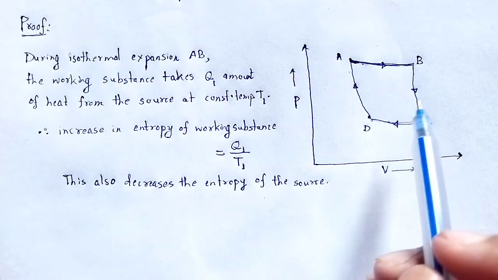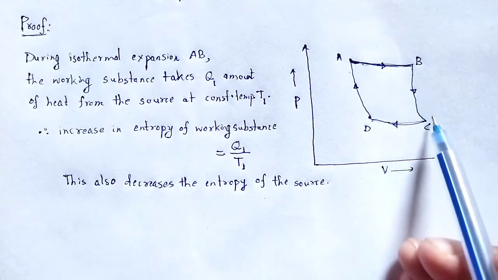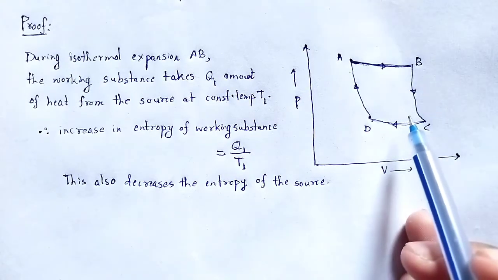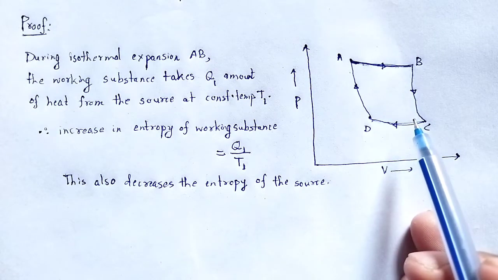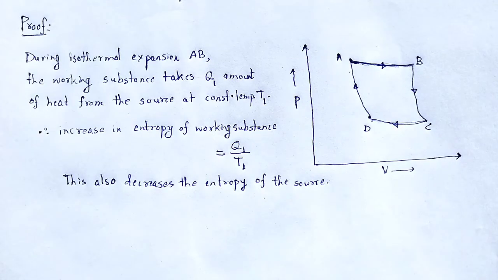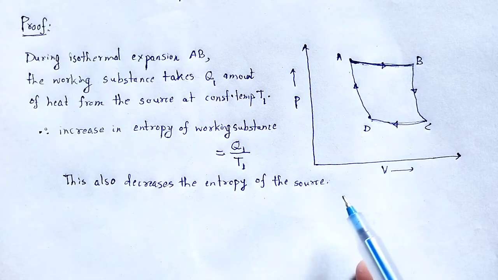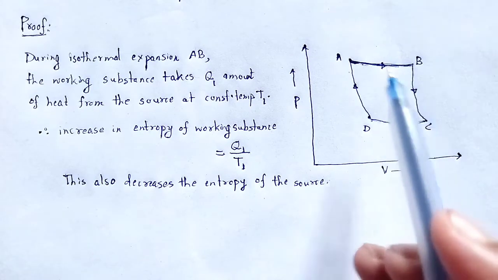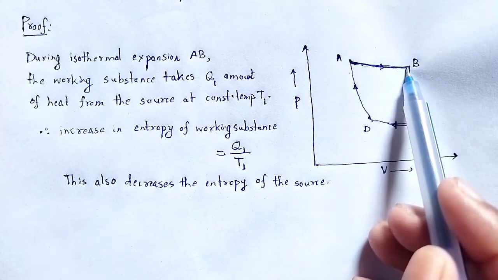Now during adiabatic expansion BC, what happened? No heat is taken in or given off, hence the change in entropy is 0. This is AB isothermal expansion.